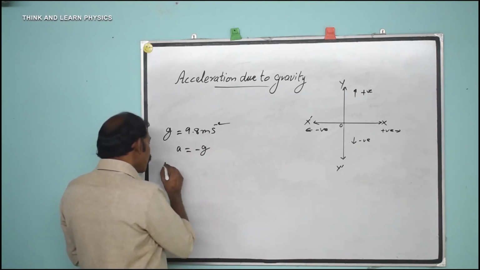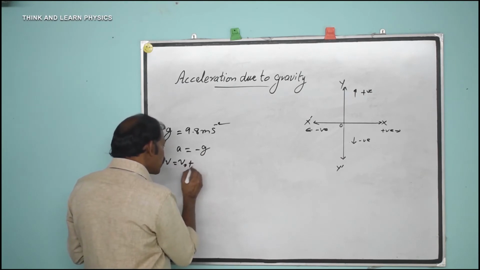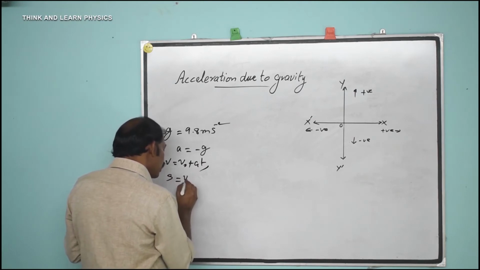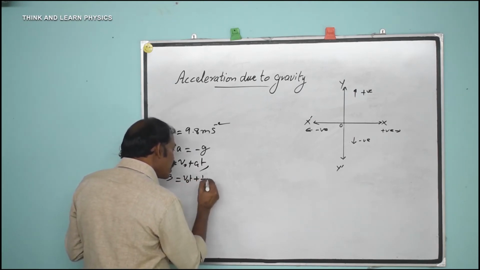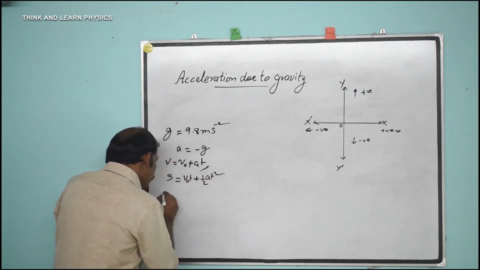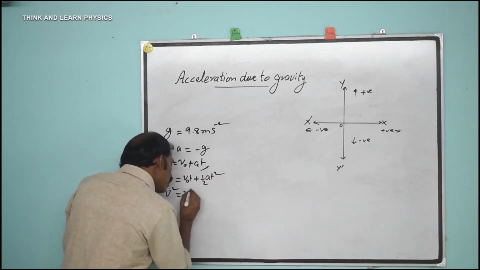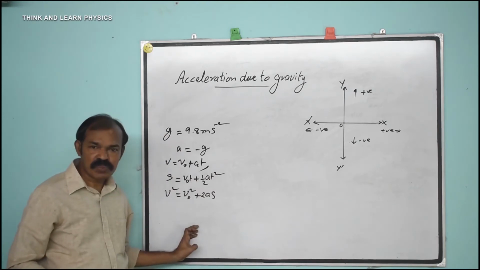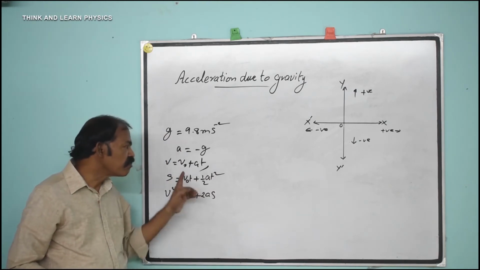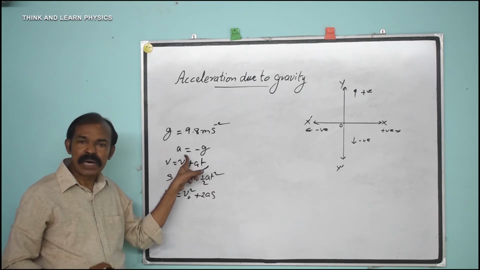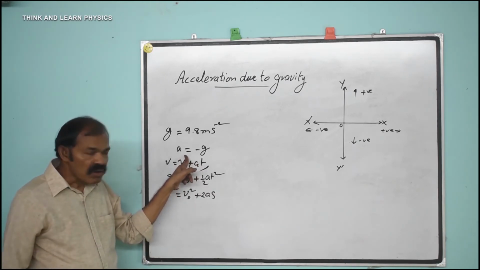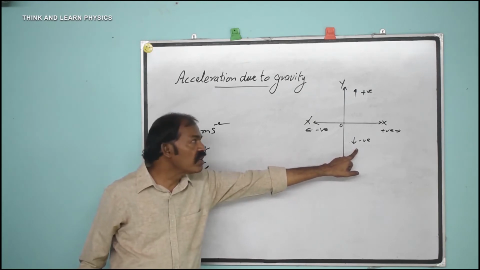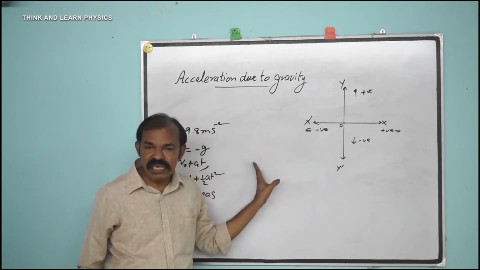That means v equals v0 plus at, then s equals v0 t plus half at square, and v square equals v0 square plus 2as. We can take a is equal to -g in every case. All the vector quantities in the downward direction will be taken as negative and in the upward direction will be taken as positive.